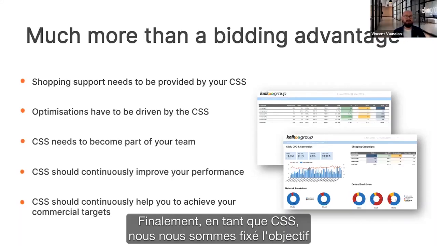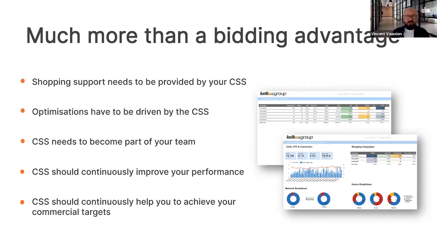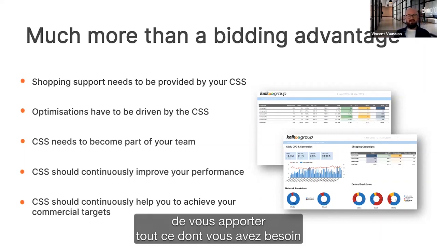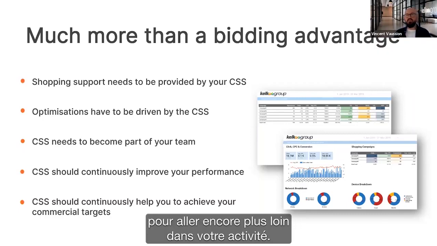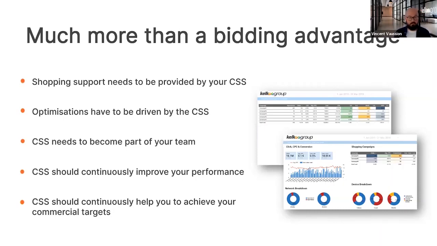So it's actually our mission. It's the mission that we have given ourselves, that the CSS is here to bring you everything you need to optimize your business, to go further than where you are already now.